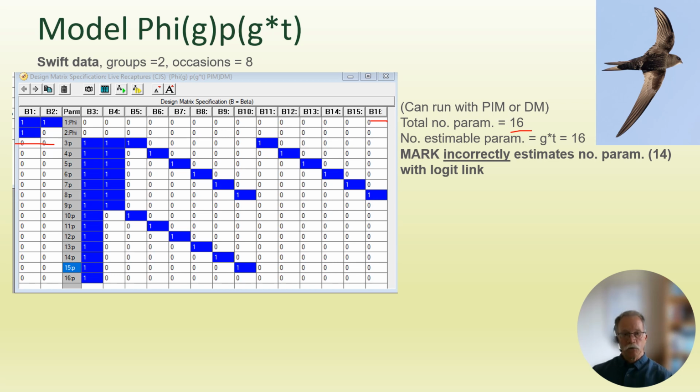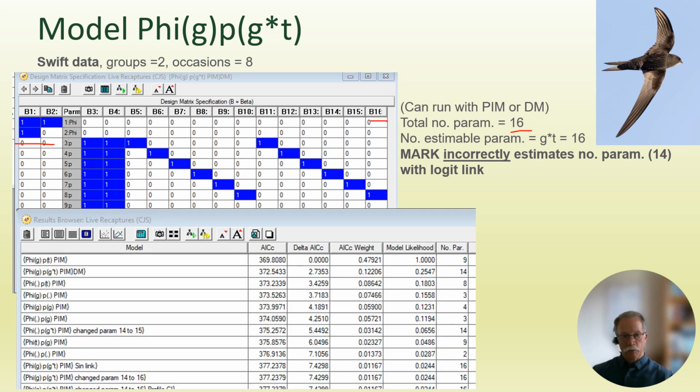Okay, but if you run Mark using the design matrix for this model, which of course you don't have to, because it could be run with the PIM, but if you do it with a design matrix, because it's using the logit link, it'll only estimate 14 for the total number of parameters in the model, okay? And so as a result of that, that model pops up very close to the top of the model list.